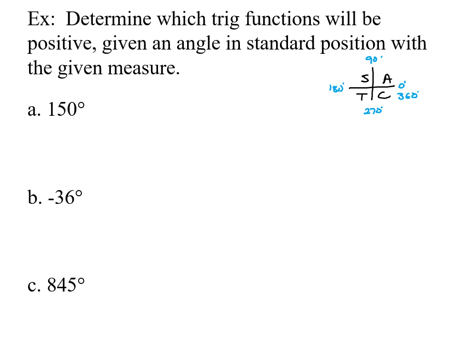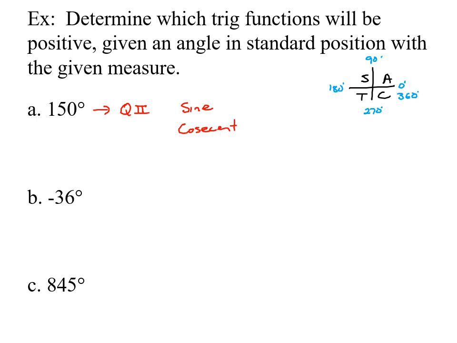And so since 150 is between 90 and 180, this angle is in quadrant 2. And in quadrant 2, the only trig functions that are positive are sine and cosecant.